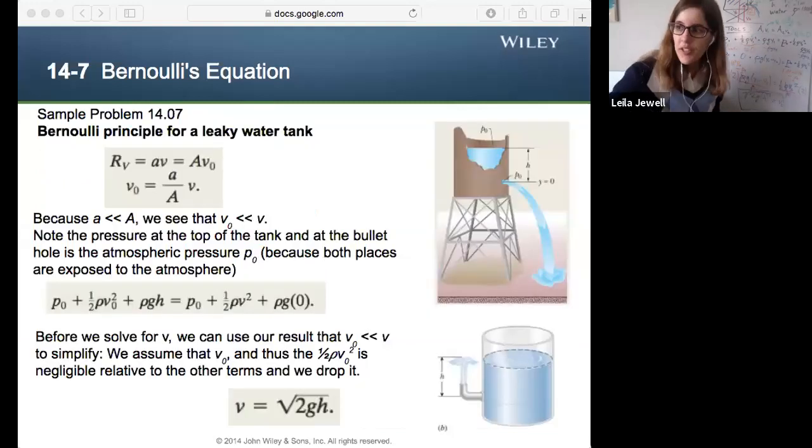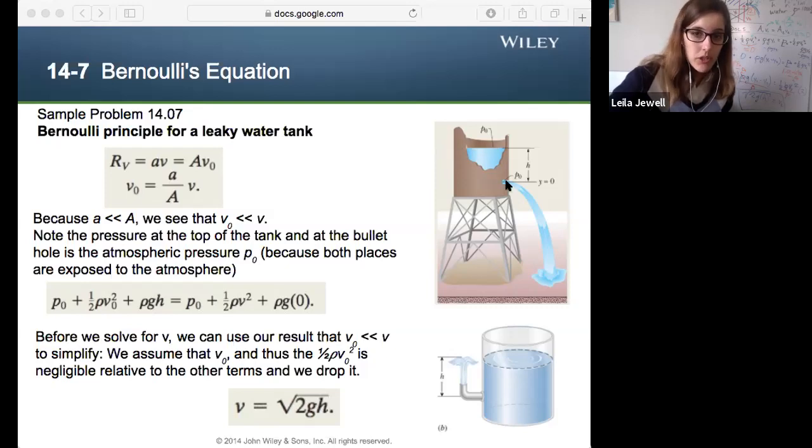So here in the slides, we see the same end result. Because of the continuity equation, because the area of the bullet hole is so much smaller than the area of the top of the tank, the velocity of the water at the top of the tank is basically 0.